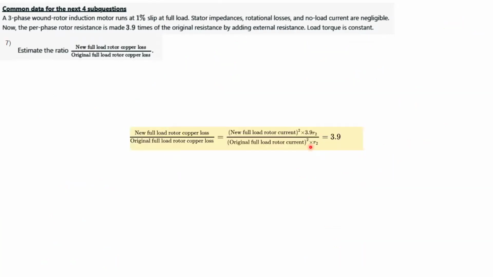Okay. Now we go to the next question. What do we have to do? We have to estimate the new full load rotor copper loss relative to the original full load rotor copper loss. So these were the two circuits with us. This is the original circuit, and this is the new circuit with R external.